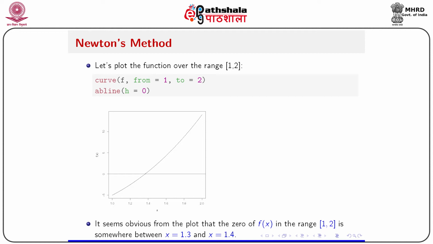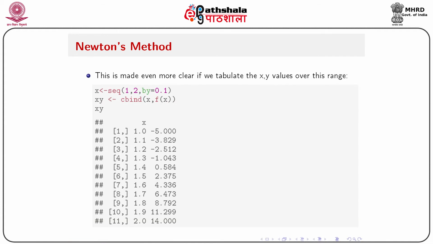It seems obvious from the plot that the zero of f(x) in the range between 1 and 2 is somewhere between 1.3 and 1.4. From the plot it is clear. This is made even more clear if we tabulate x, y values over this range.